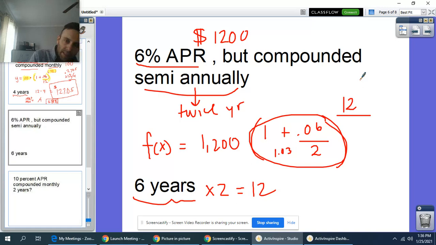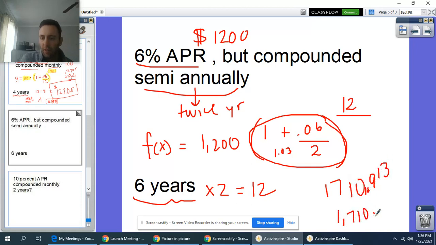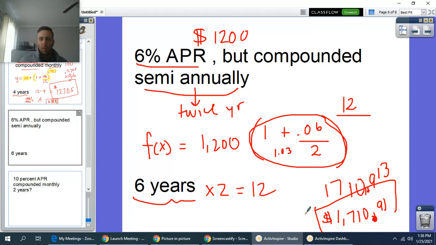And if you're doing this at home, just double check your answer. You would end up with 1,710.91 if I round that.